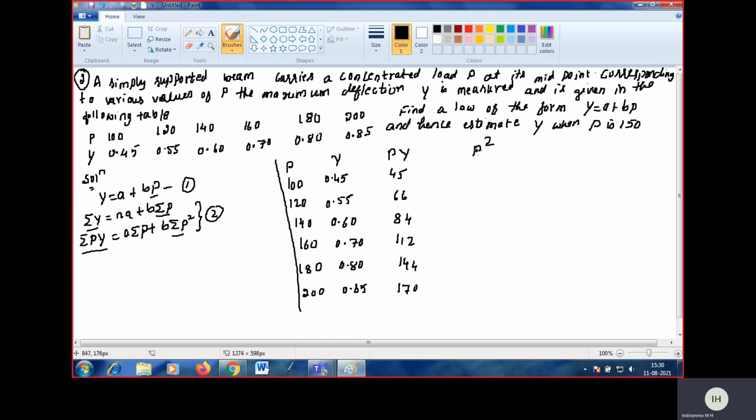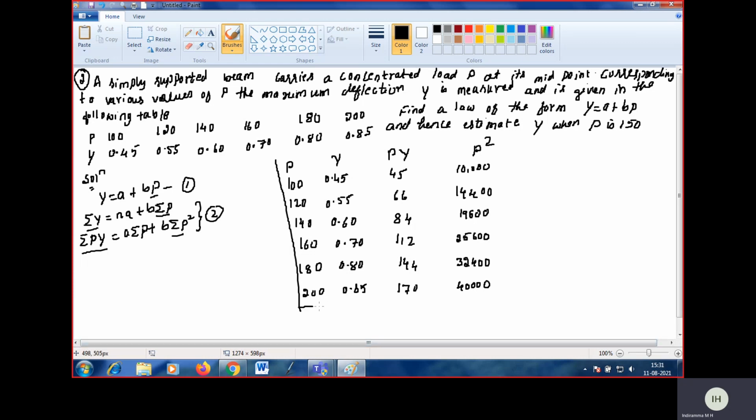Square of P, that is 10,000, then 14,400, 19,600, 25,600, 32,400, 40,000.